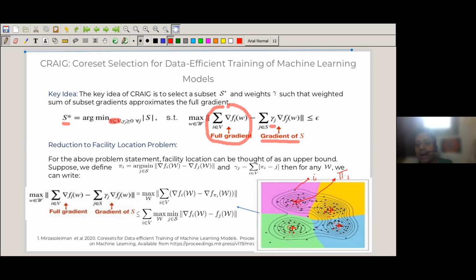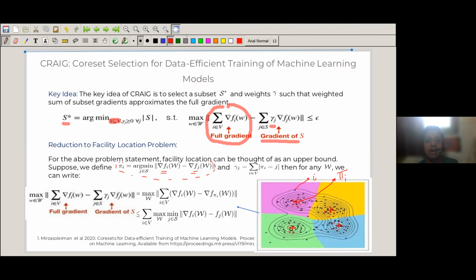Now we are talking about the pi i centroid in the sense of the distance of the gradients. So what is pi i? Pi i is that point which is closest of all the j points in S, closest in terms of the gradient. The gradient of f at the point i is closest to the gradient of f at the point j. So that point j is the pi i. Okay. So think of this as the membership, the class centroid to which i belongs.